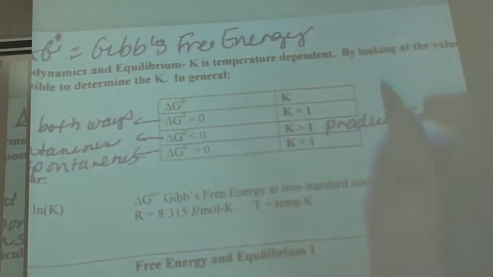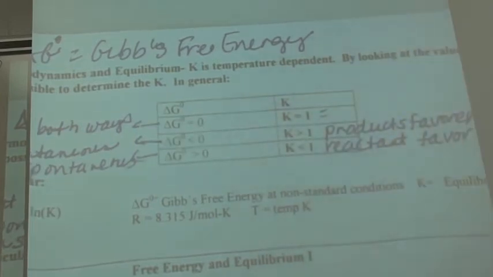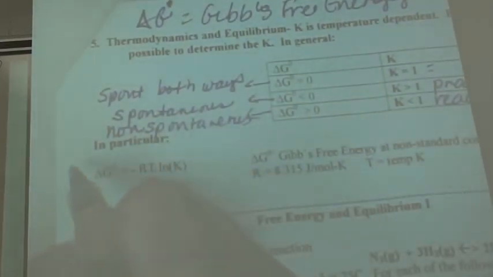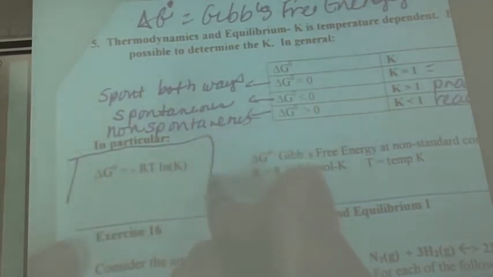When K is less than 1, the reactants are favored. When K is 1, it is at equilibrium. Okay.